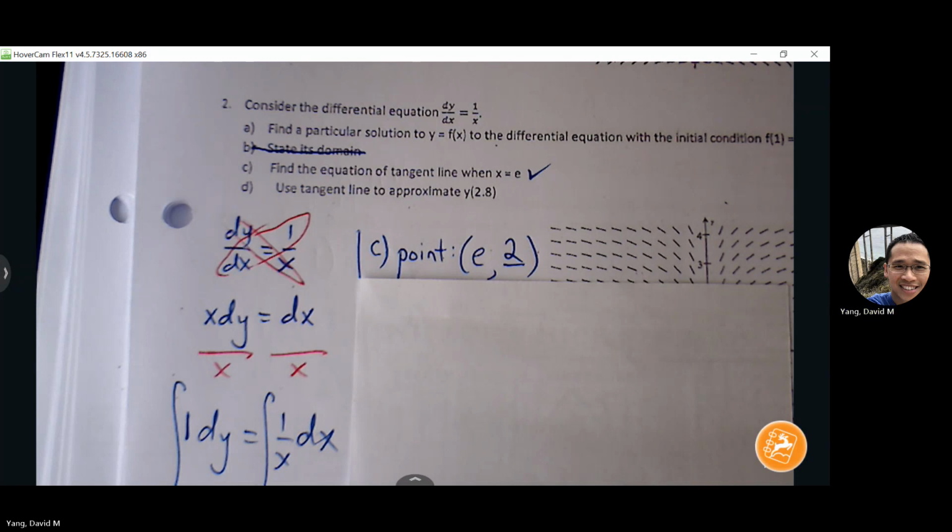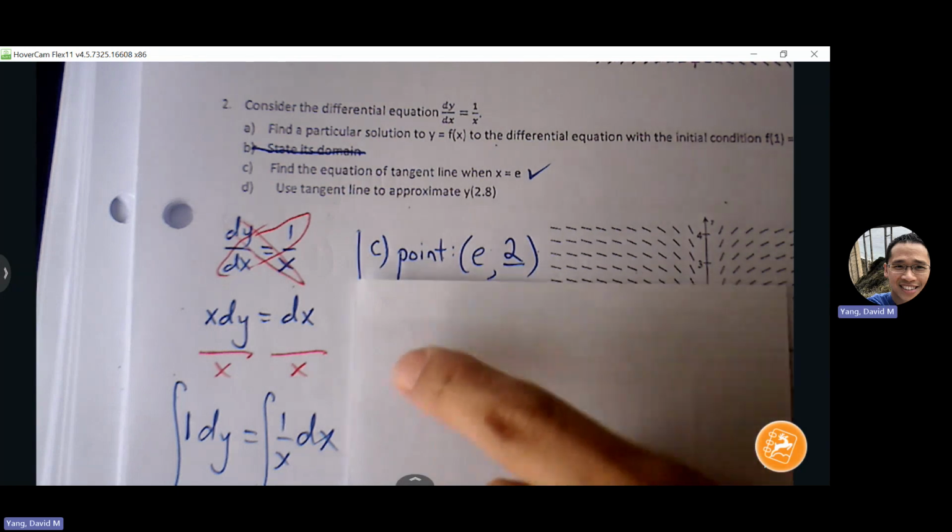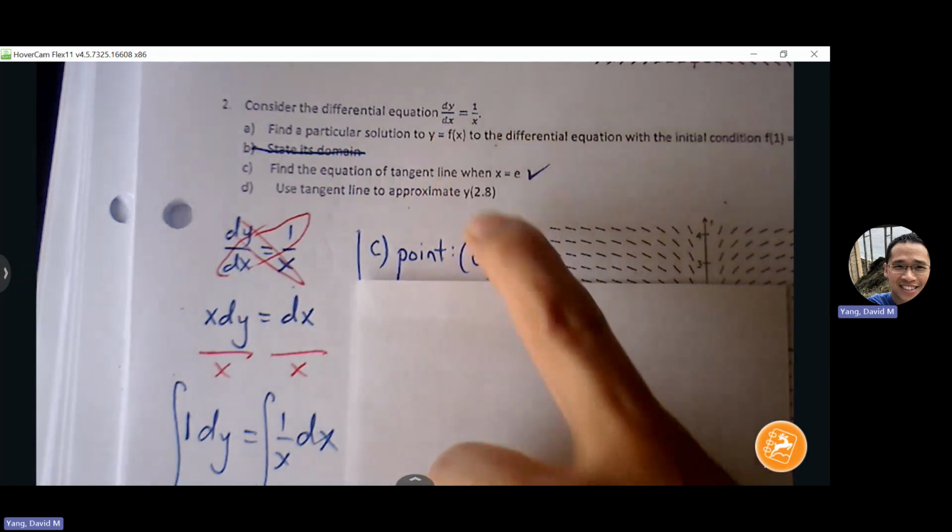1 over e. That makes sense that your function can give you the ordered pair, your derivative can give you the slope. So then we basically didn't need to find the ordered pair, because the derivative didn't need the y value.